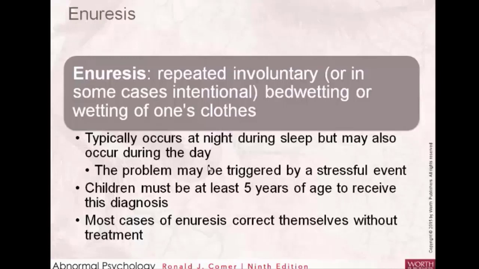Now, in order to receive this diagnosis, we have to see a pattern of urinary accidents happening in a child who is at least 5 years of age. If the child is under the age of 5, then we would not consider this an appropriate diagnosis. Now, it says that most of these cases correct themselves.